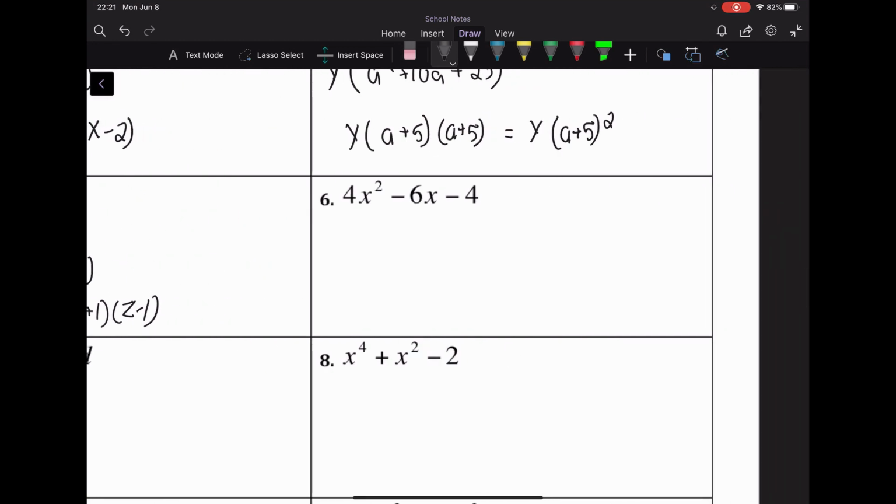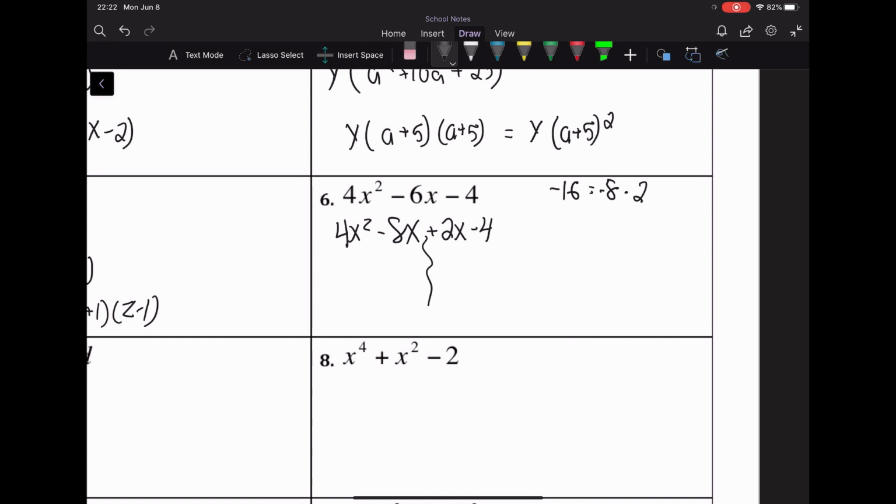Question 6, we multiply our two 4's together. We're going to get negative 16. What two factors of negative 16 add up to negative 6? That's going to be negative 8 and positive 2. So we'll have 4x squared minus 8x plus 2x minus 4.